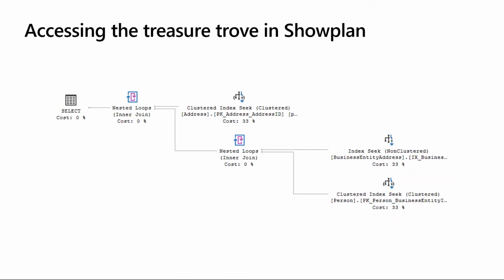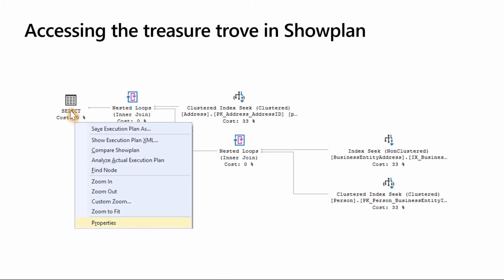And how to access more information, a real treasure trove that is inside ShowPlan, inside our XML that we can't see immediately when we see the graphical format. So to access all the properties returned by ShowPlan and much more, you need to click the root node, so the select operator, right-click there, and click then on Properties.